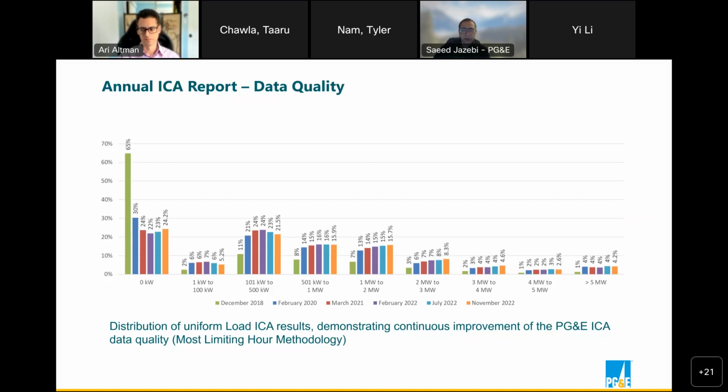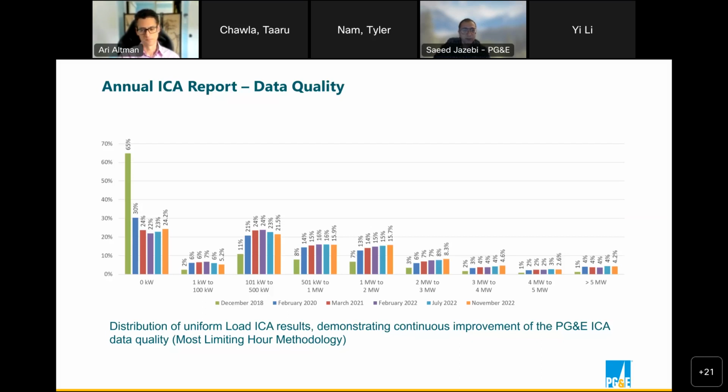Because a zero ICA may be a valid zero ICA, or it may not be a valid zero ICA result. So I think these reports are helpful, but they don't necessarily indicate the accuracy of ICA results. Meaning that in reality, in PG&E territory, we have line sections with zero available capacity, which are valid.